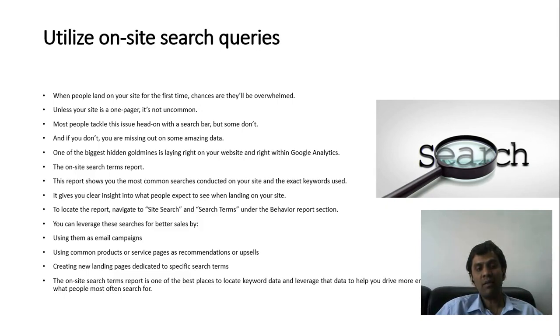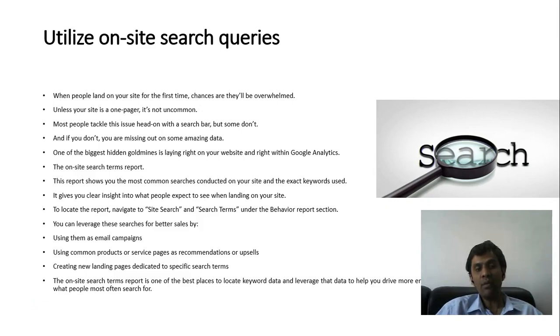One of the biggest hidden gold mines is lying right on your website and right within Google Analytics. The on-site Search Term Report shows you the most common searches conducted on your site and the exact keywords being used.